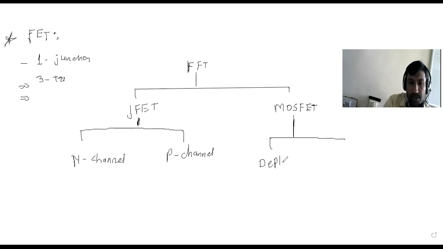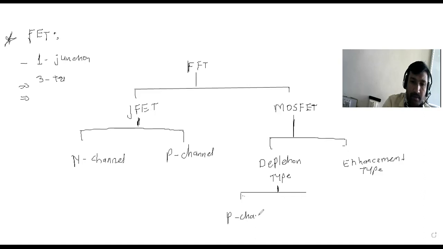What is this, we see later in detail. Depletion type, this is based on construction. Okay, and enhancement type. My pen is not working properly, so pay attention to what I say. We will see what depletion type is and what enhancement type is. Now the depletion type is again divided into 2 types, that is P channel and N channel.